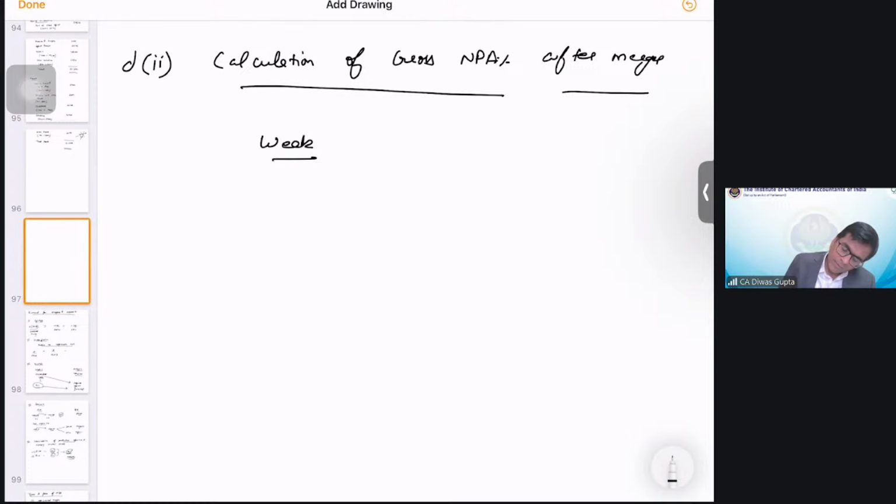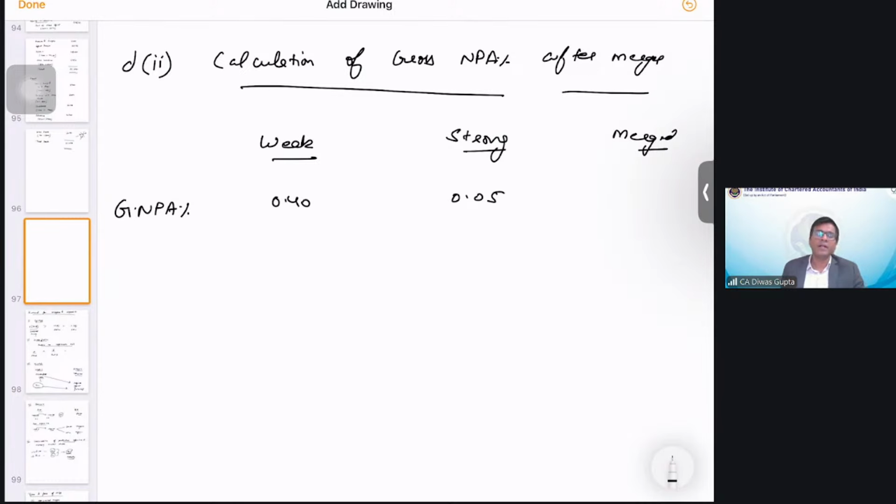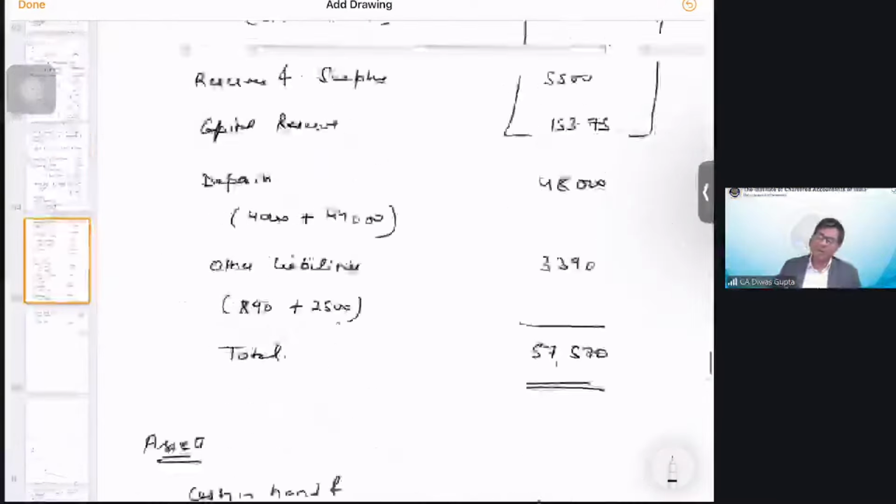Weak bank, strong bank, and the merged entity. Sorry. So the gross NPA percentage for weak bank was 0.40 and strong bank was 0.05. Correct? What is their advances? So students, the gross NPA is always calculated on advances.